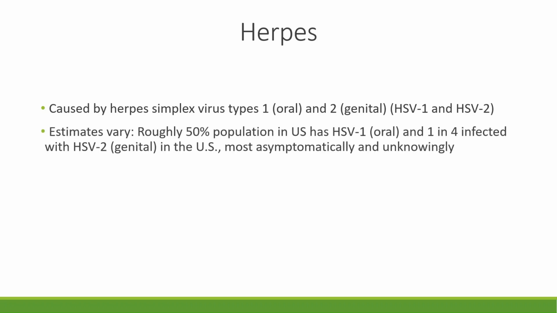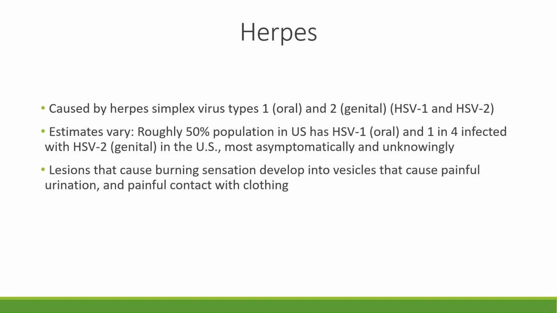Estimates do vary, but a common number there is that about 1 in 4 people are infected with HSV2, and about 50% of the population of adults are infected with HSV1. And the reason why these numbers are surprisingly high is because most people don't know that they have it because they don't show symptoms.